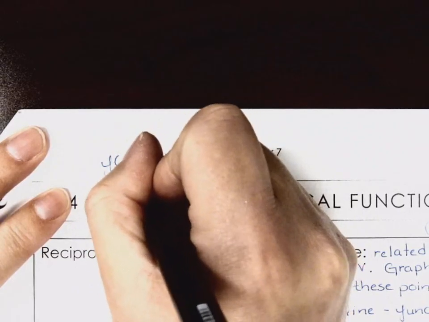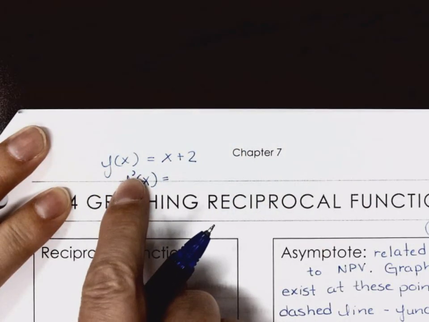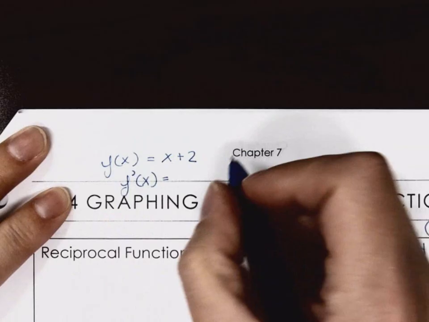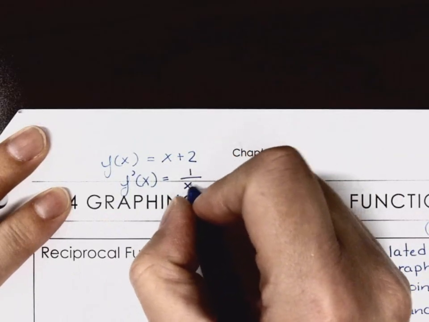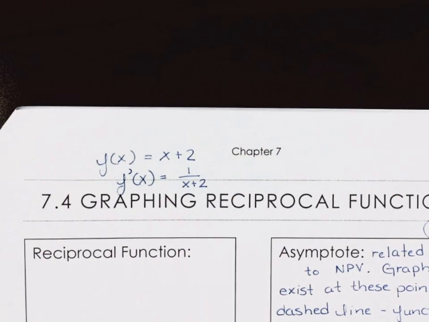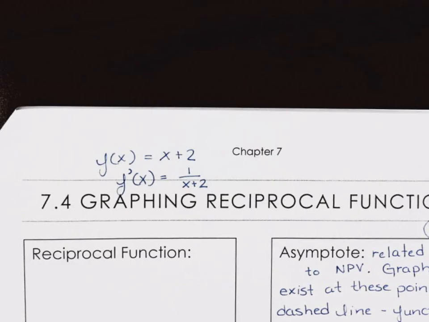So in reciprocal functions, we're going to use that f prime, the little apostrophe. I don't know why I'm not writing this stuff in the reciprocal box, but we'll just go with it for right now.